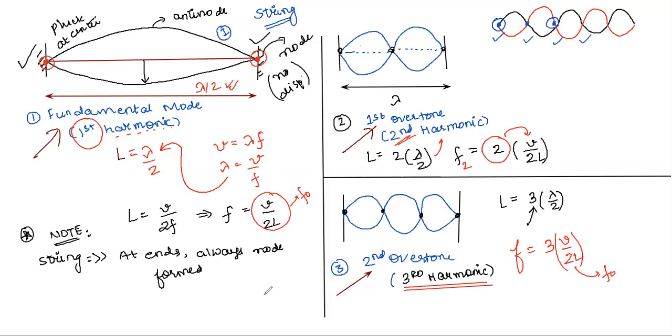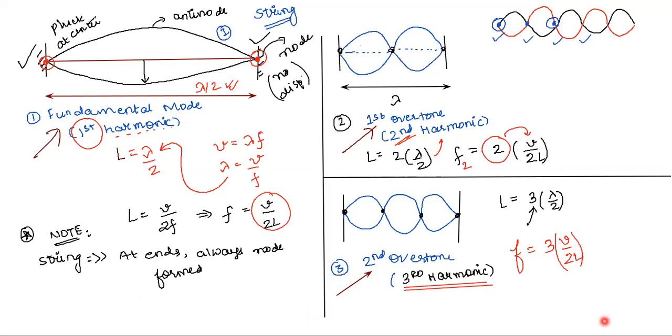So I hope the concept is clear to every one of you. So always remember, in this pattern, this one is the fundamental mode, the first one. The second one was the first overtone, and the next one was the second overtone.